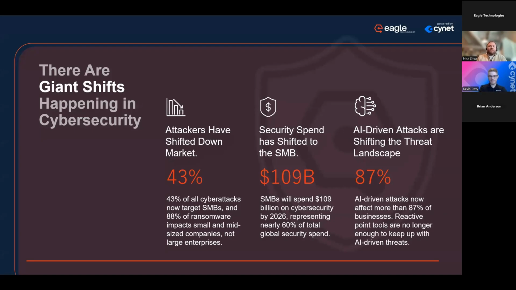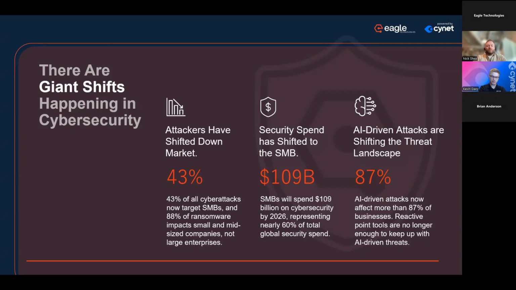Where we see the threat landscape changing, this is really where Cynet is shining. Big things have been kind of moving the industry to change from targeting big fish and shifting down market to smaller targets. And they're realizing that there's an increasing threat attack surface with more of our lives moving to the cloud. And that expanding surface gets more expensive to protect when you have multiple vendors working in a silo trying to protect assets from all these new angles.